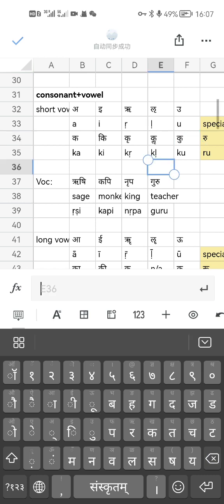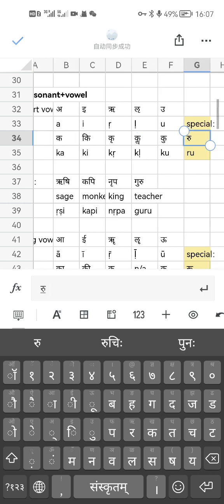So those are the rules for consonants and other vowels to come together. For the written form, we need to memorize these rules. And last one, there's a special one we need to mention.